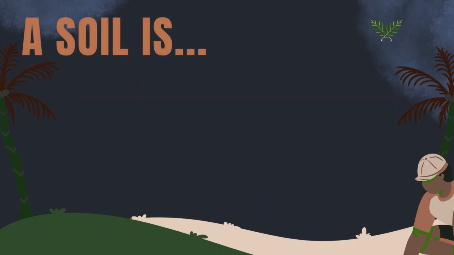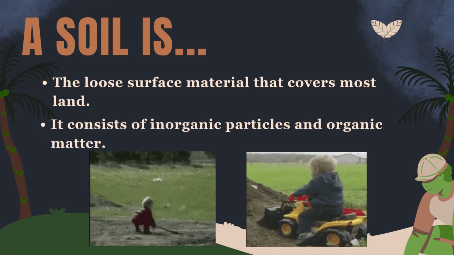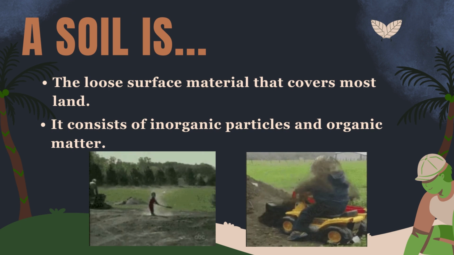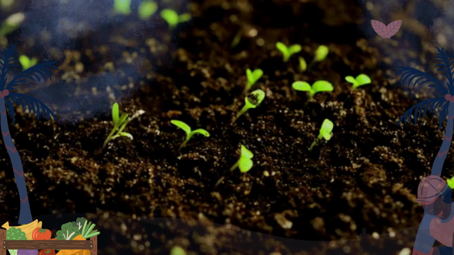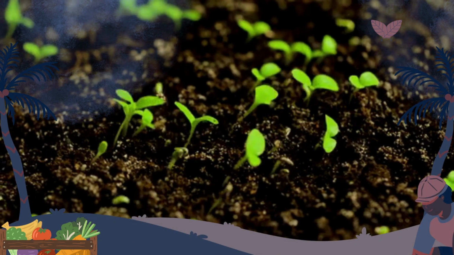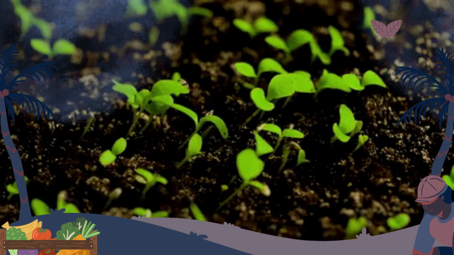Soil is the loose surface material that covers most land. It consists of inorganic particles and organic matter. It provides structural support to plants used in agriculture and is also their source of water and nutrients. Soil varies significantly in its chemical and physical properties.